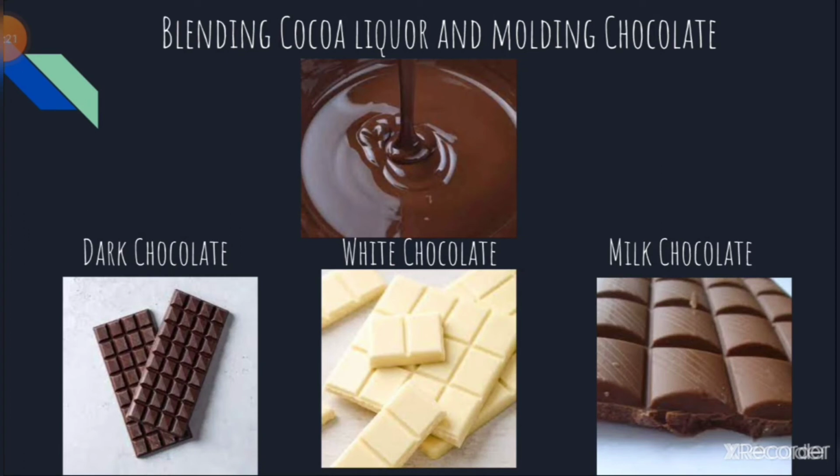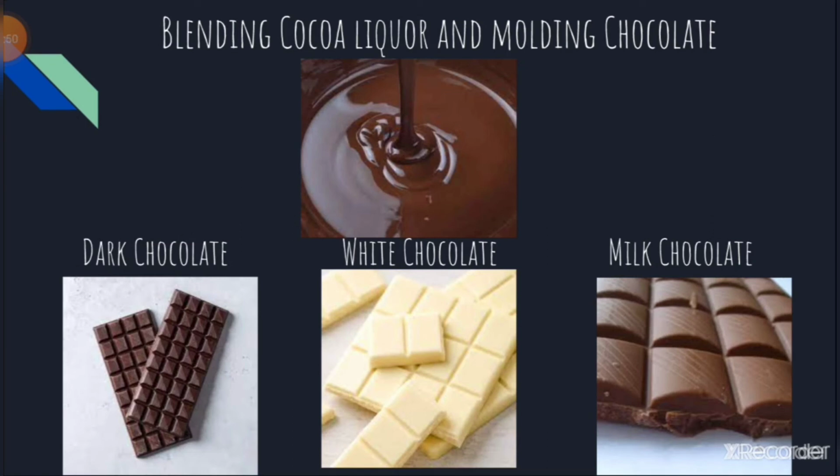The cocoa powder or mass is blended back with the butter and liquor in varying quantities to make different types of chocolate. There are different formulas to make different chocolates. For dark chocolate, cocoa powder, cocoa liquor, cocoa butter, sugar, lecithin and vanilla are added.